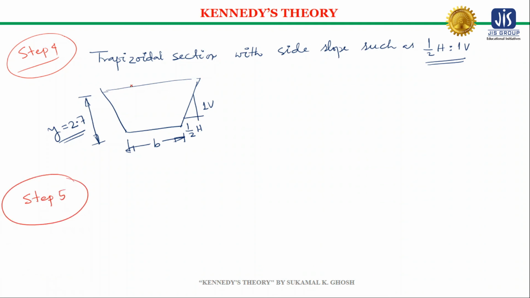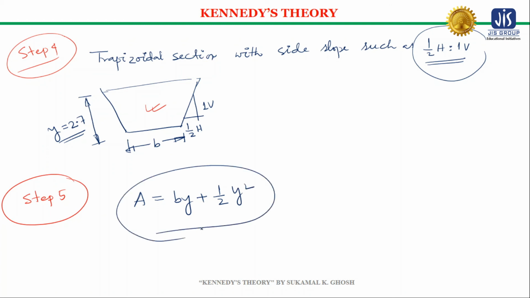In step 5, we need to derive an expression of area for this particular cross section. As we derived in our previous assumptions, for a trapezoidal channel with side slope of 1/2 horizontal and 1 vertical, the expression for area is b into y plus half of y square.